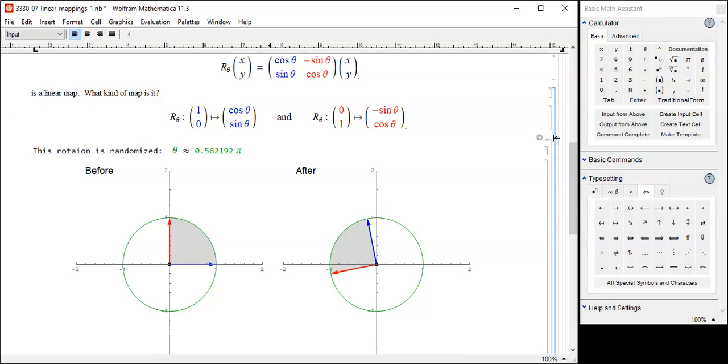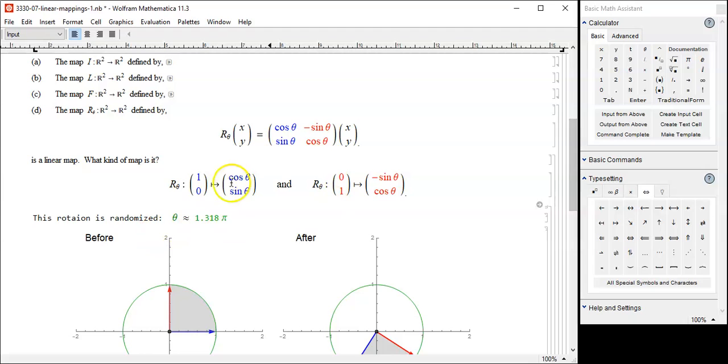Let's run it again. This time, a little bit more than 0.5 pi, so a little bit more than 90 degree rotation, and so on and so forth. So you can see these effects by simply looking at where those basis vectors are going. (1, 0) is going to (cosine, sine), and (0, 1) is going to (negative sine theta, cosine of theta).